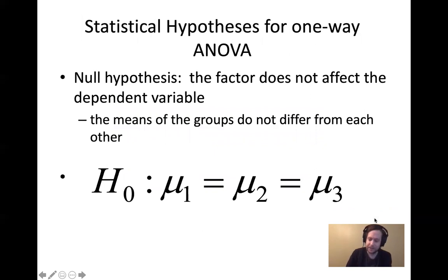Before we get into some calculations, let's talk about the null hypothesis and the research hypothesis for this. You'll notice this null hypothesis looks kind of similar to what we dealt with in the independent samples t-test. For the independent samples t-test, I mentioned that there were 2 ways of writing the null hypothesis. You could say mu1 equals mu2.